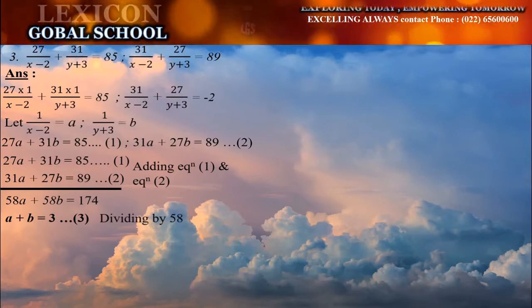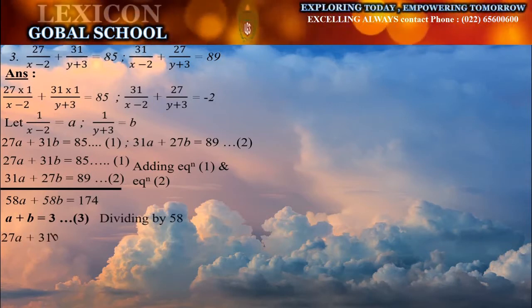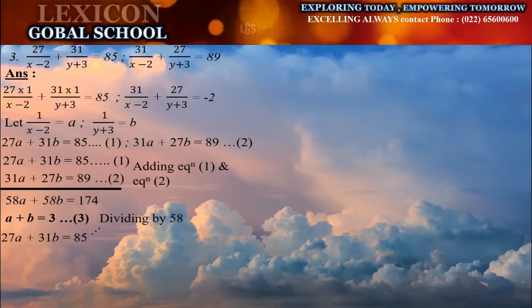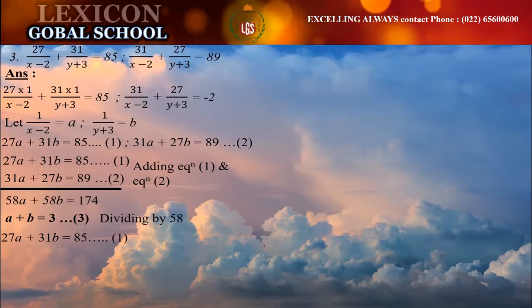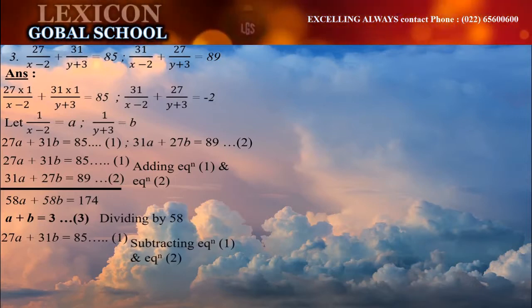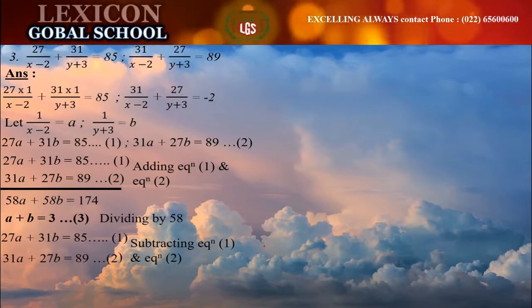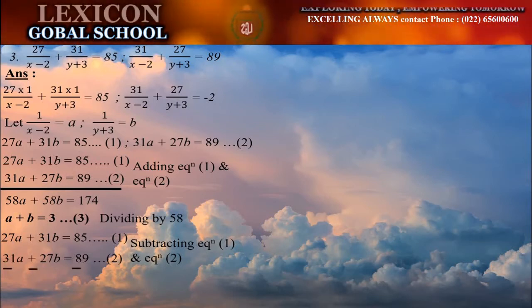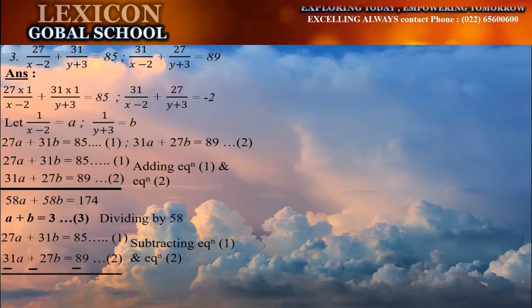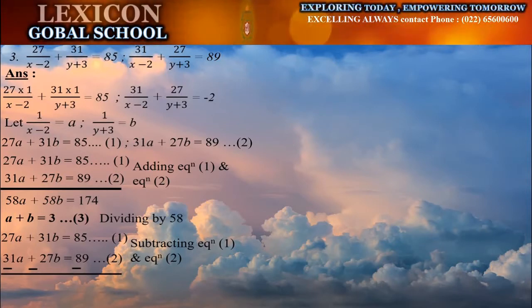Similarly, we are going to subtract equation 1 and equation 2. So 27a plus 31b is equal to 85, equation 1. 31a plus 27b is equal to 89, equation 2. Now what are we going to do? We are going to subtract both the equations. And when we subtract both the equations, the sign of the second equation changes.